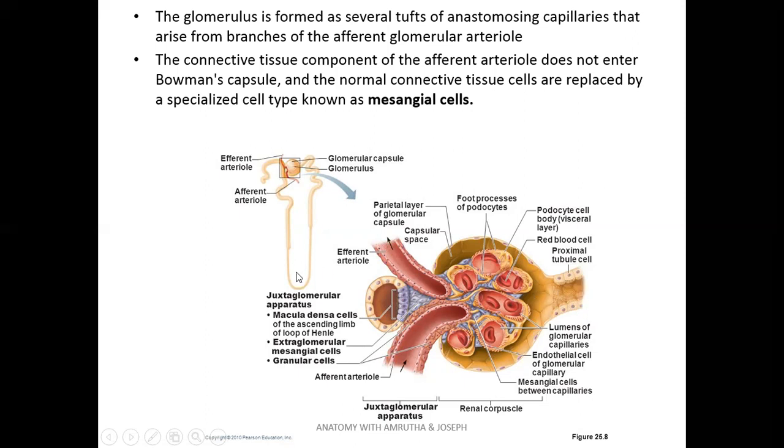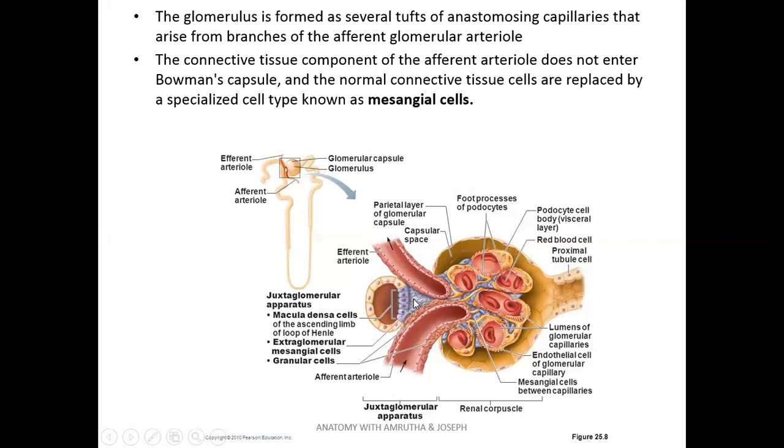Now, the connective tissue over the afferent and the efferent arterioles are not going to enter into the Bowman's capsule. They will be left out just before entering into the Bowman's capsule, and they are called as mesangial cells.